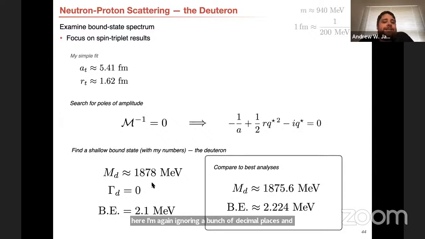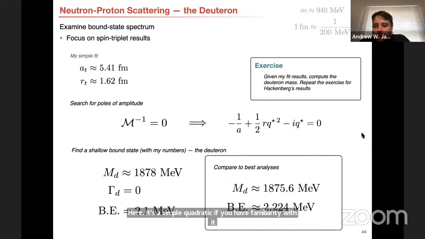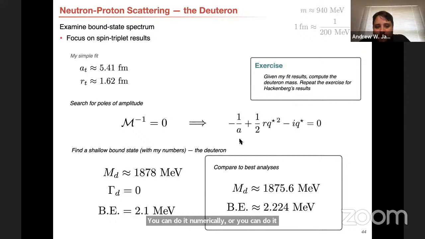So even with these simple approaches, you do get some physics out. So what do we find? Given my fit results and Hackenberg's, solve this equation for these parameters here. It's a simple quadratic. If you have familiarity with it, you can do it numerically or by pen and paper.